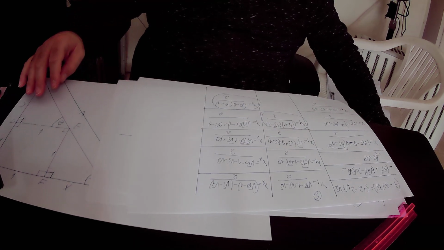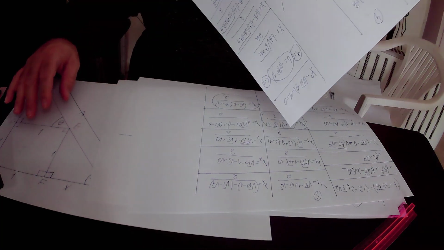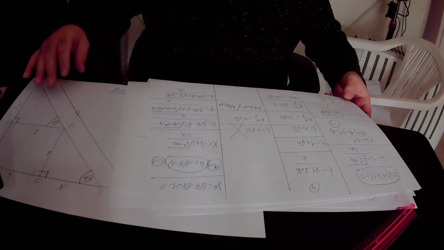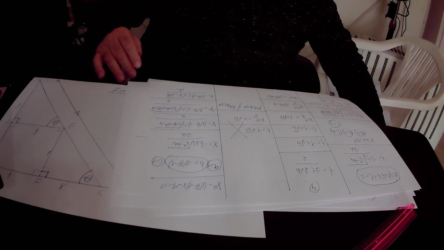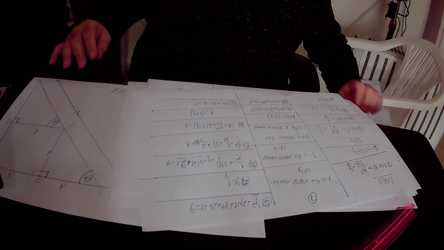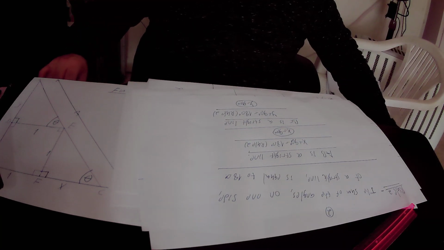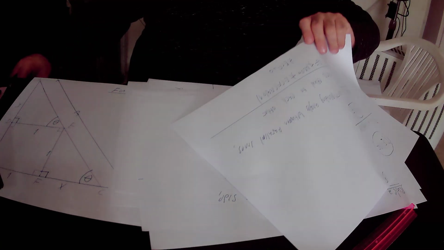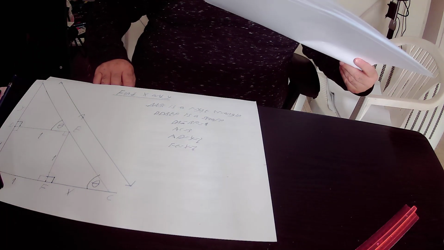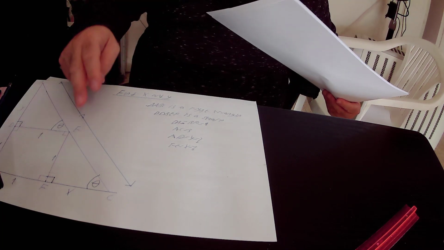One side of this square equals 1 unit, and this square is located inside the right triangle ABC. The hypotenuse AC equals 3 units, and we want to find out the values of line segments X and Y.